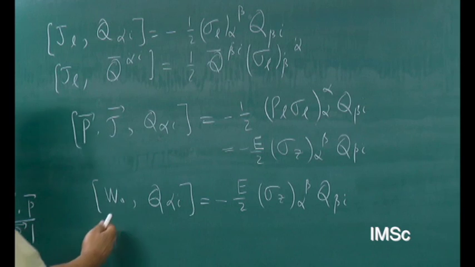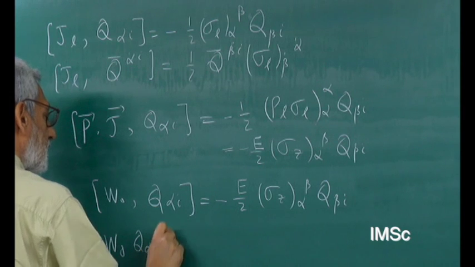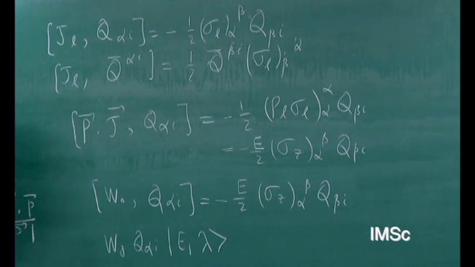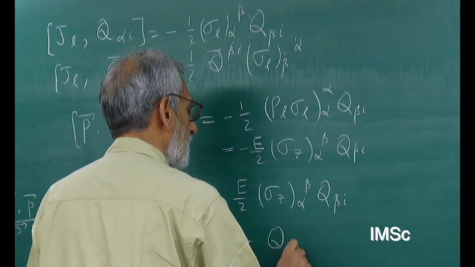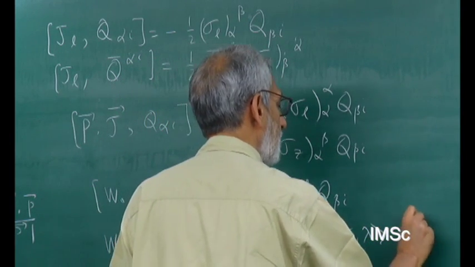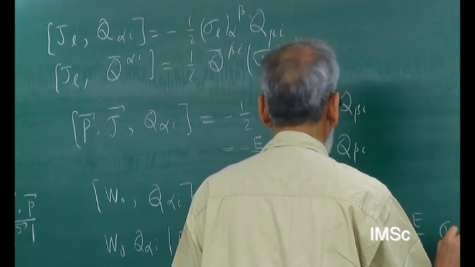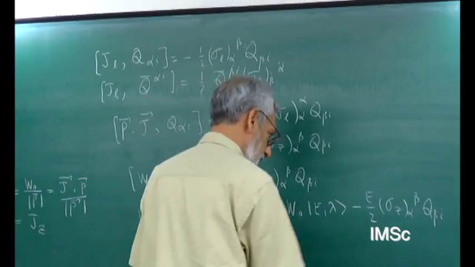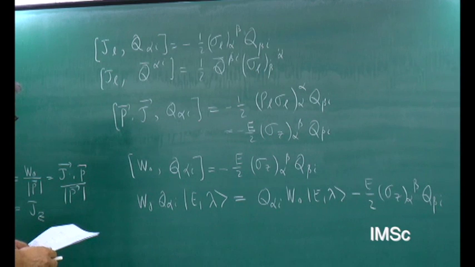So if I were to now evaluate this commutator on a state, W0 Q alpha I acting on a state E lambda, given energy, given helicity, this commutator is Q alpha acting on W0 on state E lambda, minus E by 2 sigma z alpha beta Q beta I. Did I do it right?